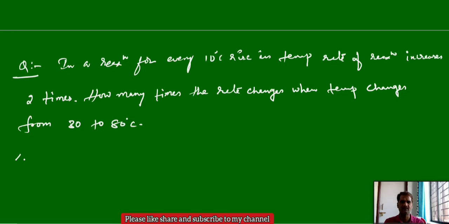Means how many times will the rate increase? So for every 10 degrees, 2 times, but here 30 to 80 degrees Celsius. So how many 10s are here? 5 times. 5 into 10, 50. The temperature change here is 50 degrees Celsius.